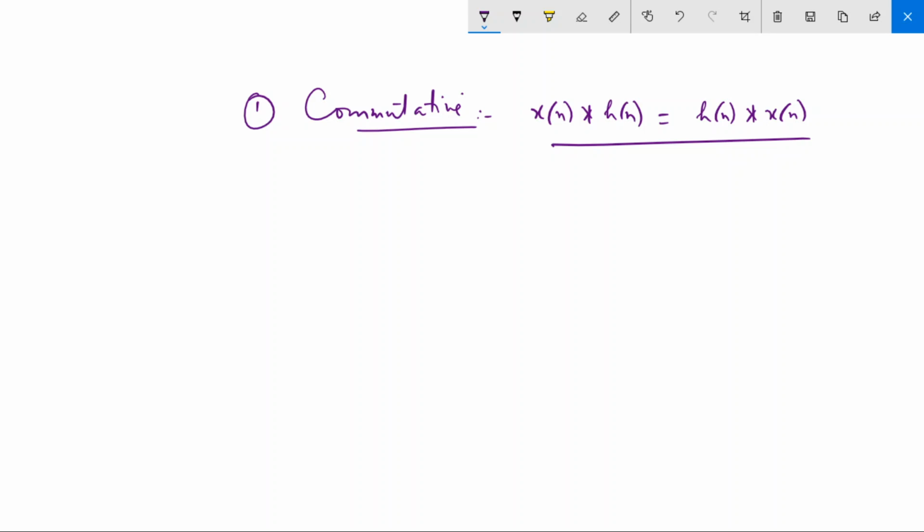And you can simply prove this. If I take the convolution of x[n] with h[n], it was the summation of x[k] h[n minus k] from minus to plus infinity.